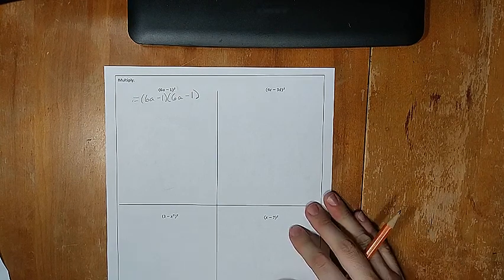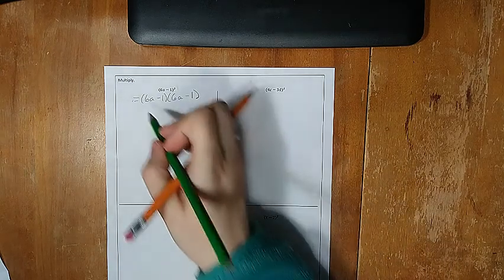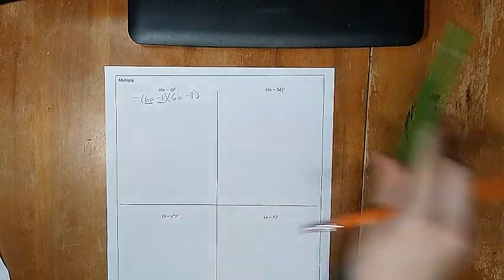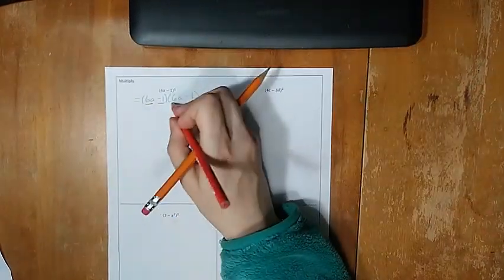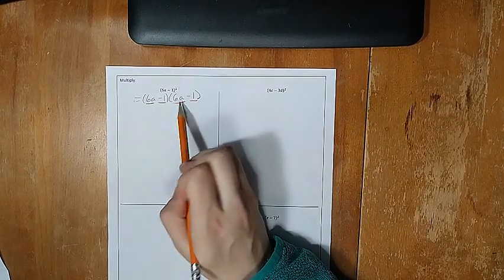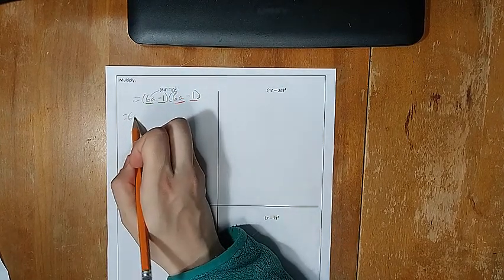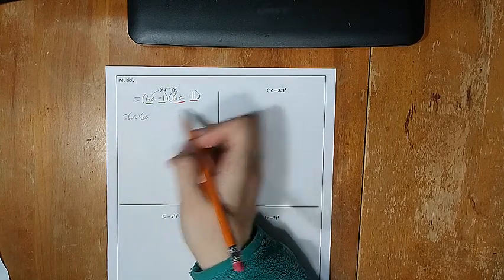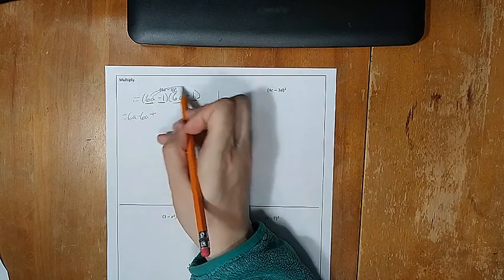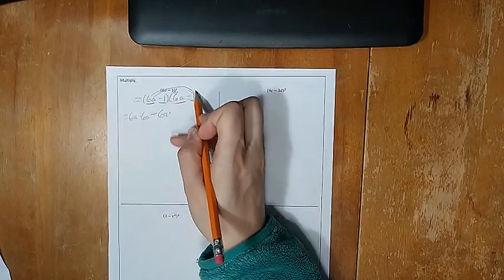I'm going to use the distributive property for this one, because I feel like I'm on a roll with it. We've got 6a and our minus 1 here, and then we've got 6a and a minus 1. Everyone in the first parentheses meets everyone in the second. So I'm going to start with 6a times 6a, then plus 6a times, make sure this is a negative 1.